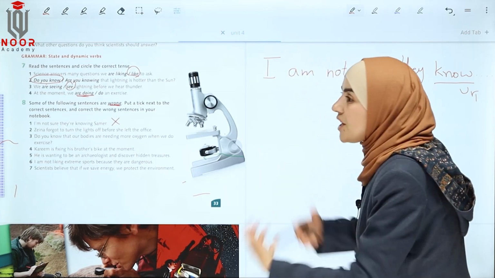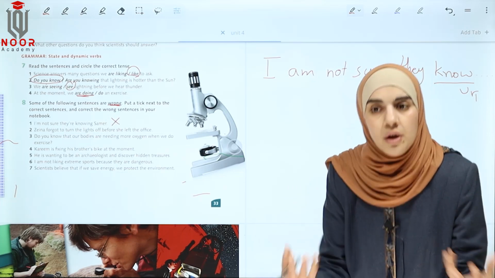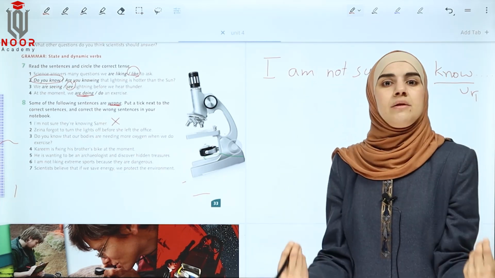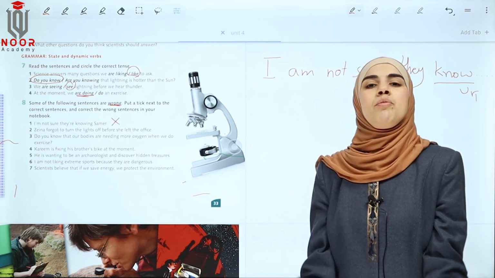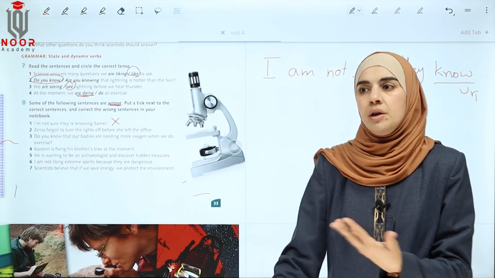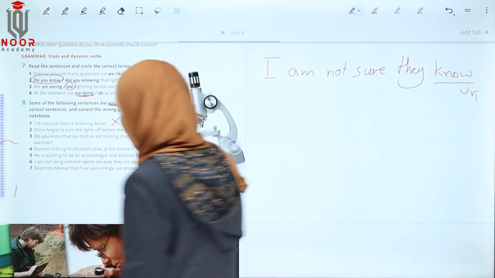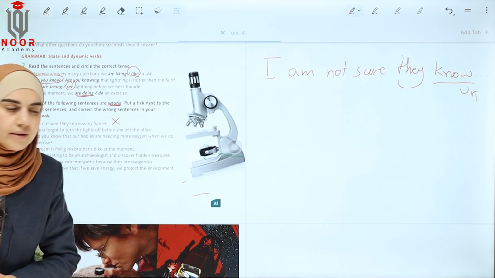Don't be in a hurry all the time. Try to read a second time to comprehend. And also you can circle the wrong sentences and rewrite them correctly. So Zaina forgot to turn the lights off before she left the office. I guess it's a very good sentence.